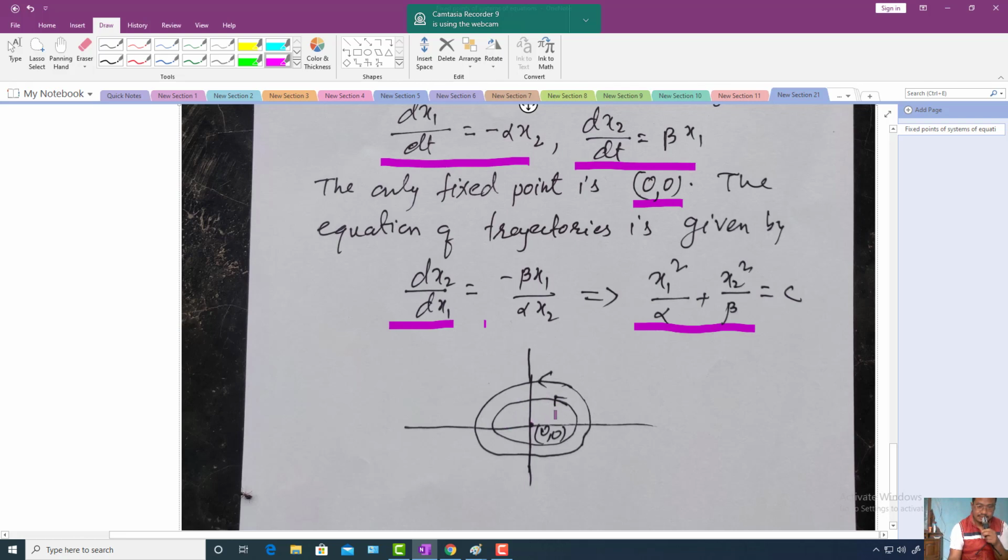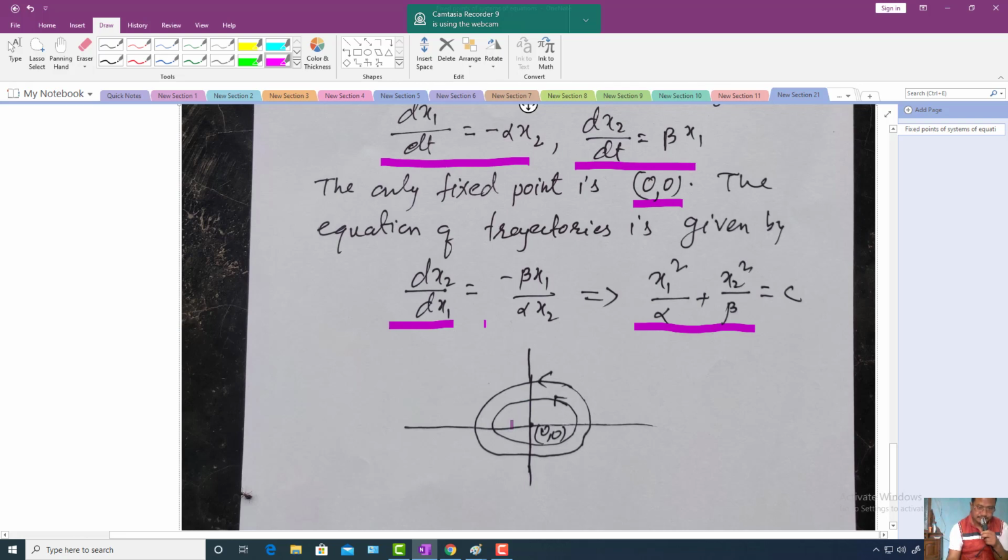So it is neither coming toward the fixed point nor going away, but it is moving around the fixed point in an elliptic orbit, or circular orbit like that. You can think about concentric ellipses or concentric circles. Such a type of fixed point is called a center, because the fixed point is at the center and the motion about it is circular or elliptic.